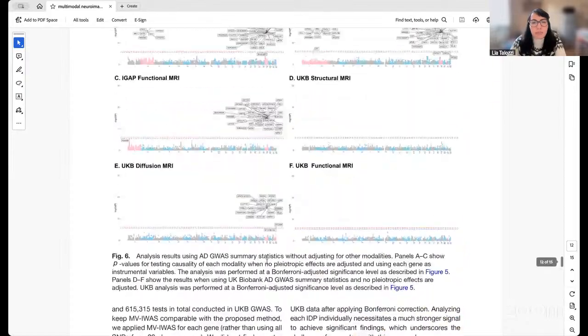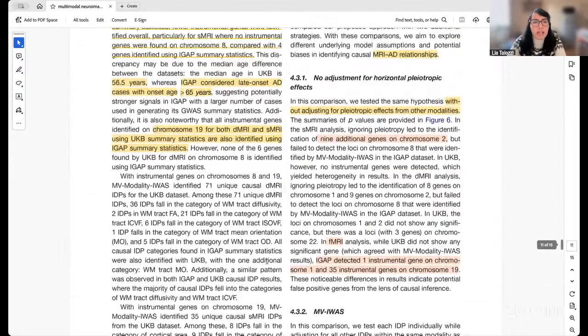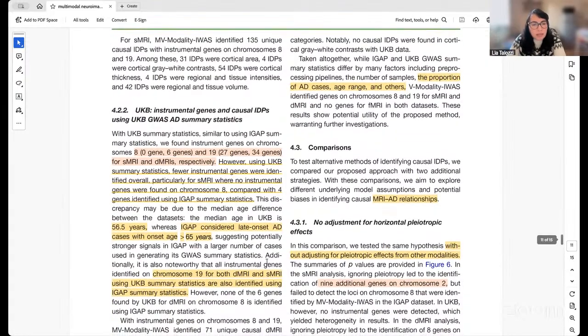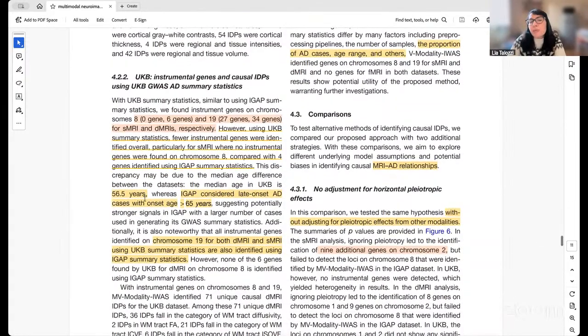They also make some considerations about these results. One that a lot of people are conscious of is that in the UKB, people are generally younger, with a mean age of 56. In the EGAP it is higher than 65, which is good for Alzheimer's disease because it can present later in time.